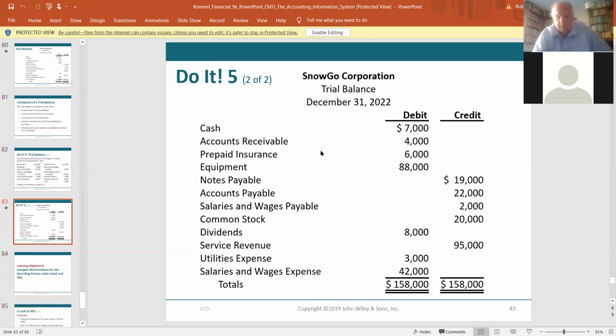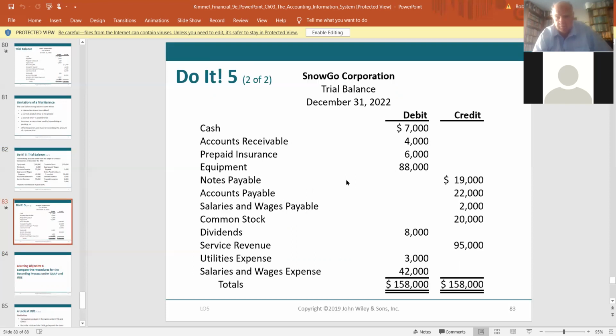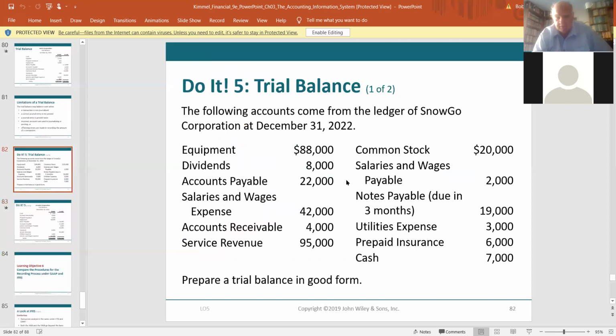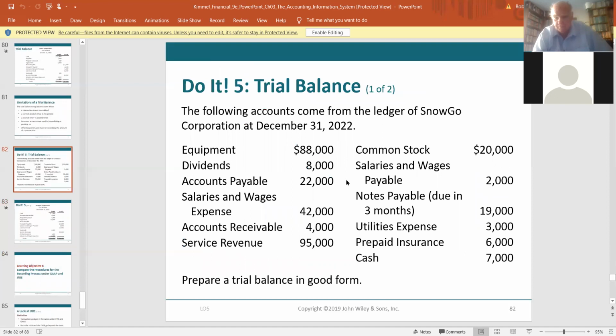Notes payable, accounts payable. There we go. You get the idea? We've got salaries payable. Where's salary? There you go, 2,000. Then we've got the common stock. Do we have retained earnings?